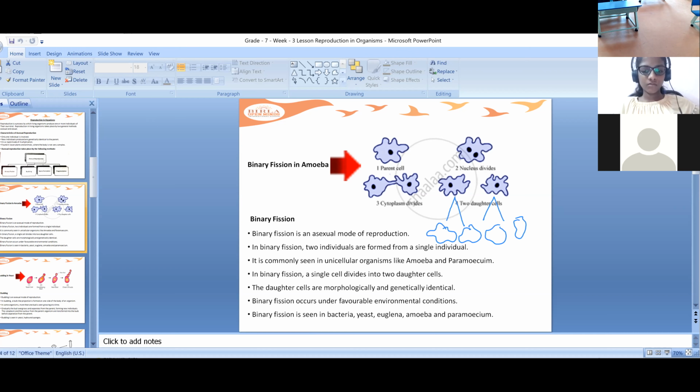No, it's not that they are female or male. It's not differentiated. Two cells form more cells which originate from the parent cell, and they are called daughter cells. The differentiation of sex is not there in amoeba. They are just called daughter cells.